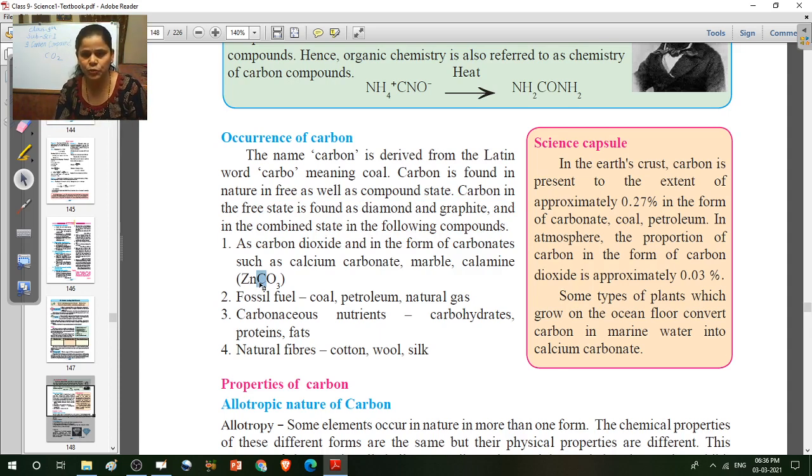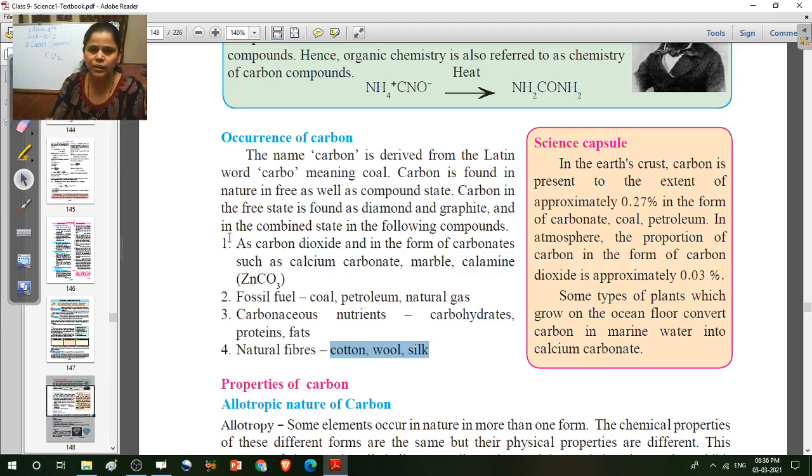So in fossil fuel there are coal, petroleum, natural gases, then carbonaceous nutrients. That means the carbohydrates, proteins, fats, etc. The natural fibers, they are cotton, wool, silk. So in these examples, in these compounds, the carbon occurs. Clear, students?